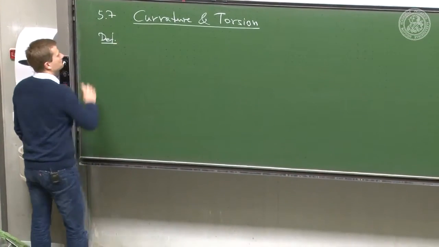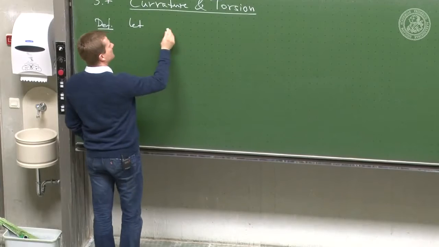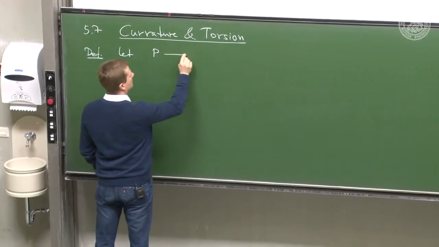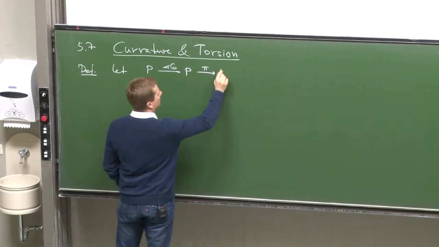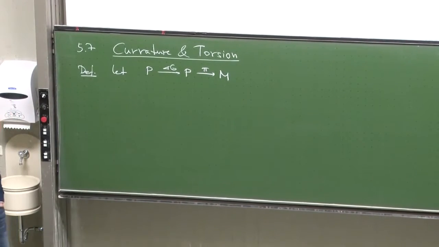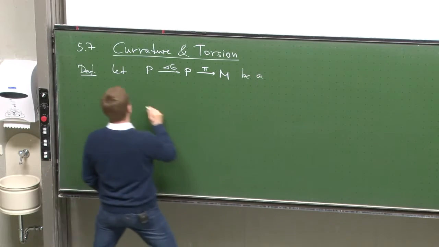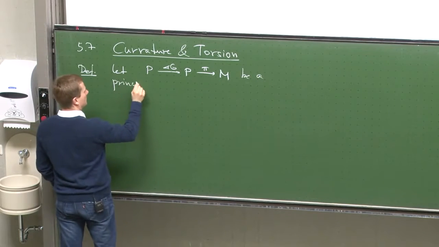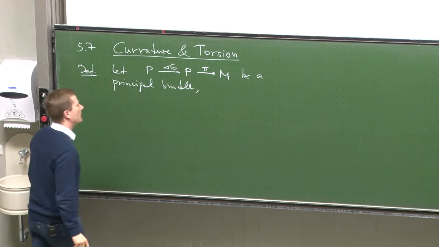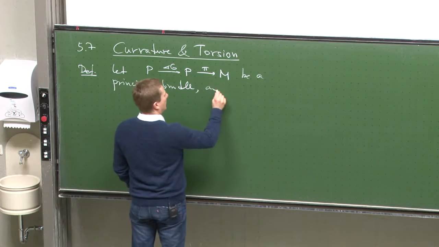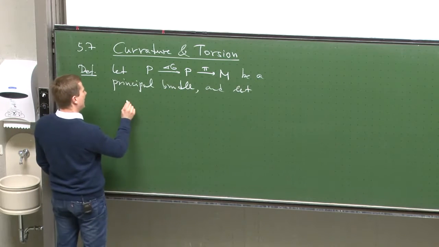The definition: we start with a principal G-bundle P over a base space M with a group G acting from the right, and we consider also a K-form.